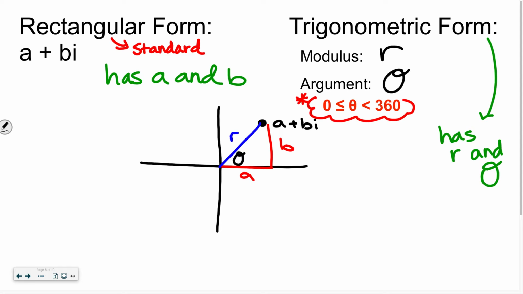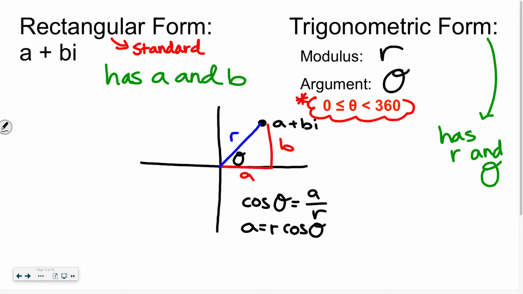Are you willing to share? Oh, cosine, sine, you're thinking A times cosine theta. So I'm going to start back at the basics with just cosine in the picture. If I did the cosine of theta, that's equal to adjacent over hypotenuse, which would be A over R. So what does A really equal? R times cosine, as opposed to A times cosine. So A equals R times cosine theta.